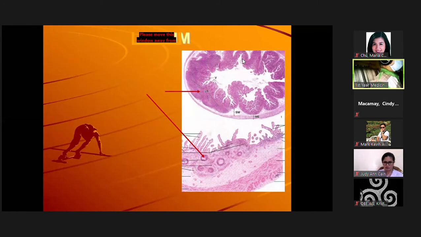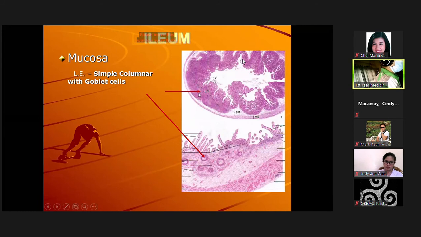Okay, there's another one here, mucosa. Lining epithelium. Where do you see the lining epithelium? It is the lining epithelium of your ileum, which is simple columnar with goblet cells. These are goblets, simple columnar with goblet cells.